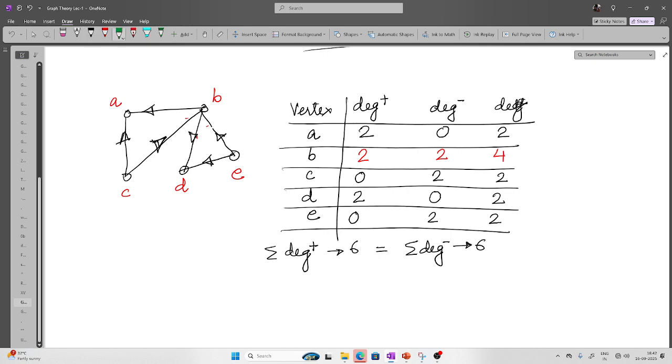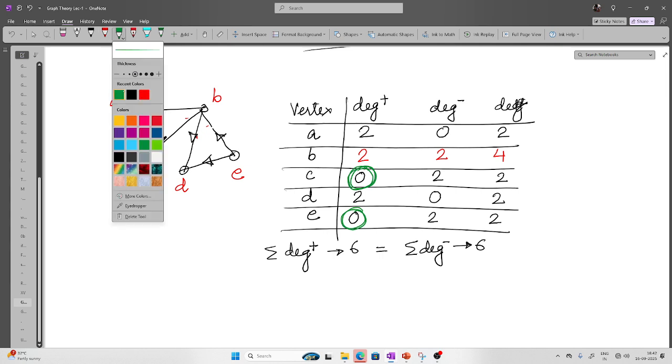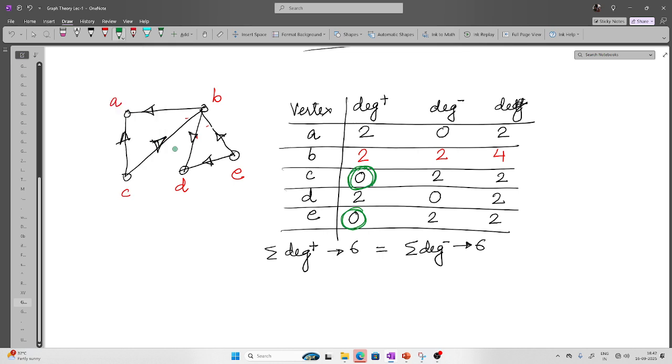Second thing, the vertex for which the in degree is 0, as in this case it is C and E. So let me make it bigger. So first one is C, and second one is E. So these vertices will be called as source.